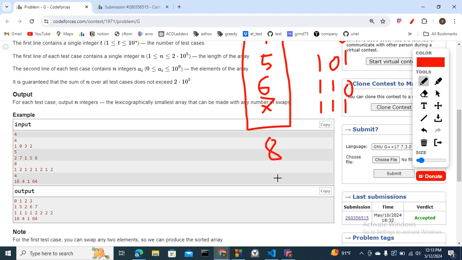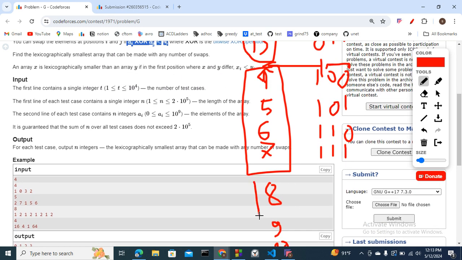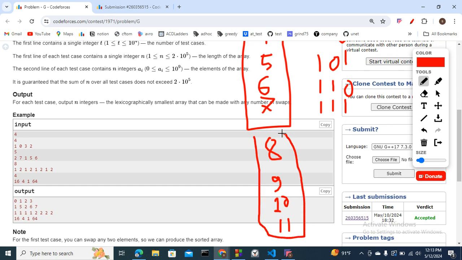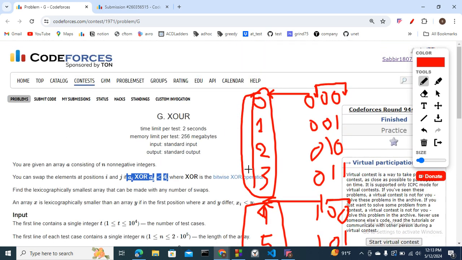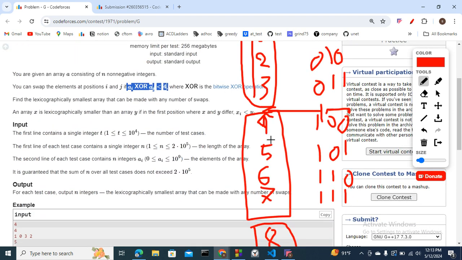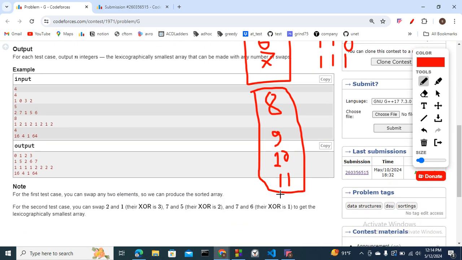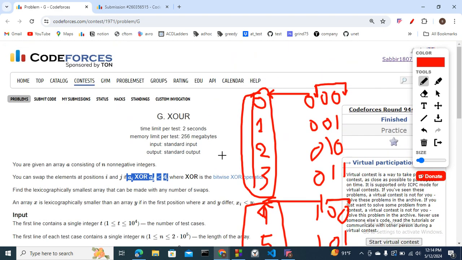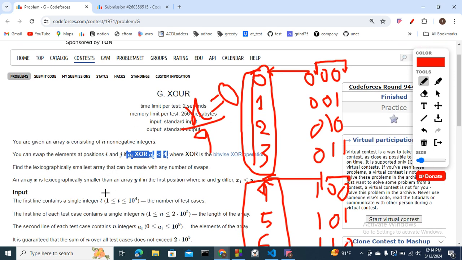The same happens for 8, 9, 10, 11. So we can group them like this: 0, 1, 2, 3 is the first group, 4, 5, 6, 7 is another group, 8, 9, 10, 11 is another group. In the first group, any number divided by 4 is 0 when we take only the integer portion.